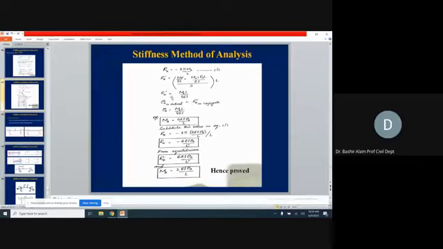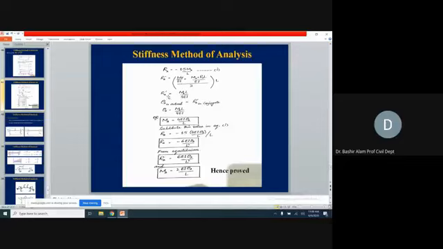RA already we have in terms of MA, so we put the value of RA from equation 1 here. When we solve this, RA prime is equal to MA L divided by 4EI. But we know that the slope in the actual structure is equal to the shear in the conjugate beam.